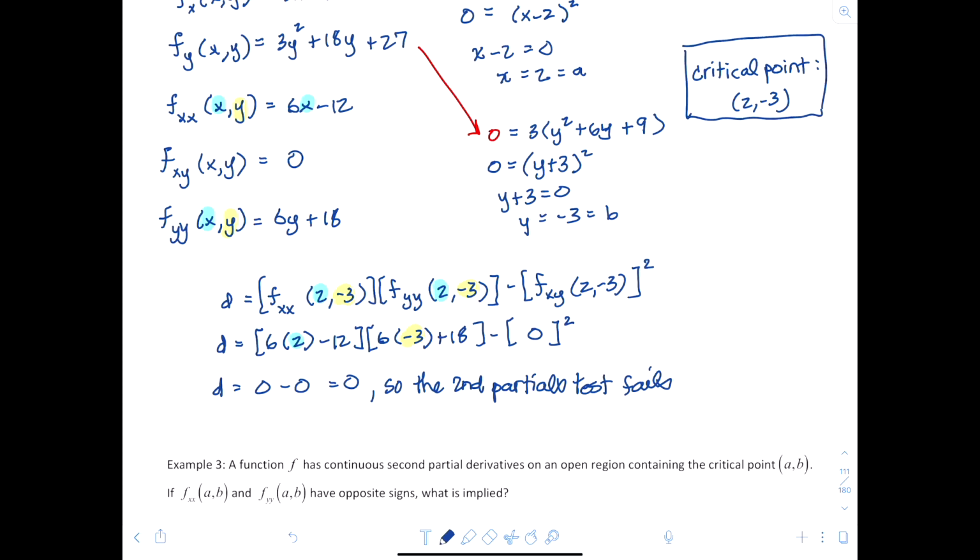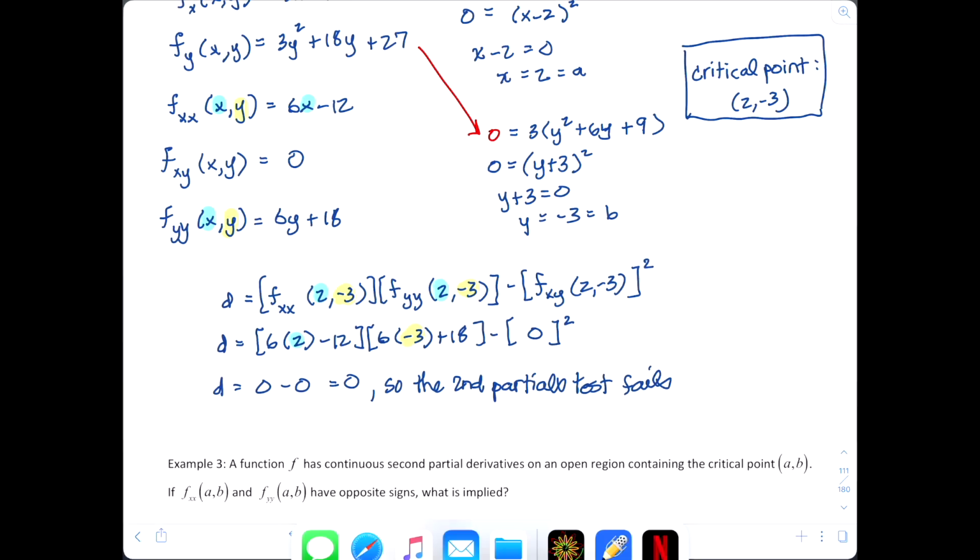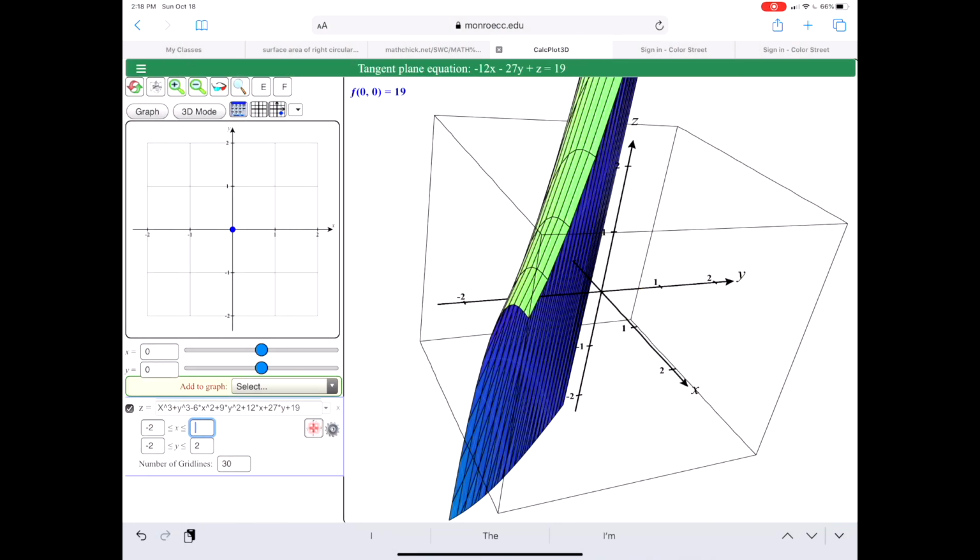And, just for the heck of it, let's see what that graph looked like. Let's do x and y from -5 to 5.